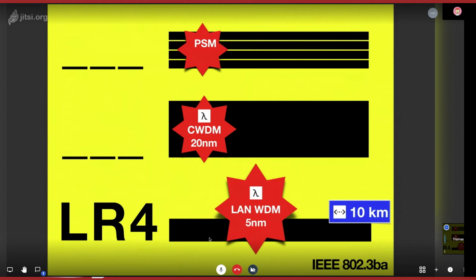But technology-wise, other things were also possible. We got either CWDM, with 20 nanometer spacing, a broader spacing of the lasers, or even the parallel single mode transmission, the typical breakout mode, 4 times 25 gigabit. But it was never standardized by IEEE.